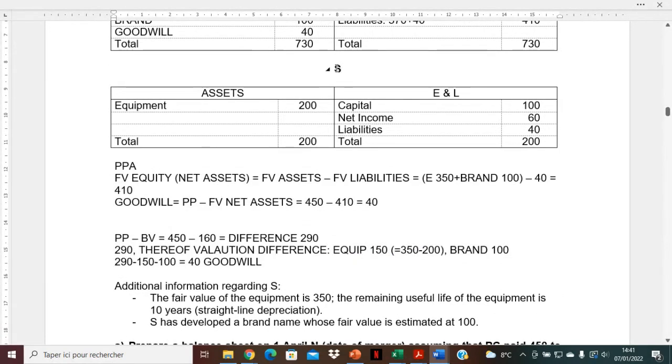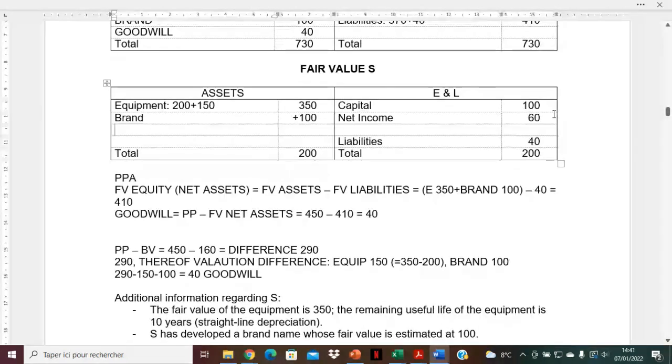Then I need to prepare the balance sheet of S and put it at fair value. That means in terms of the equipment, I have an original value of 200. Now I need to add 150 because we said the fair value of the equipment is 350. I need to incorporate in the balance sheet of the subsidiary a brand name, and the value is 100.